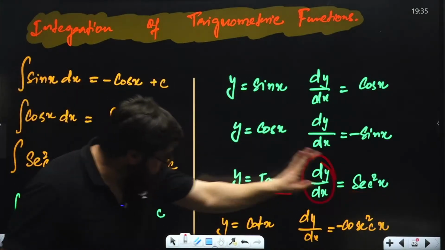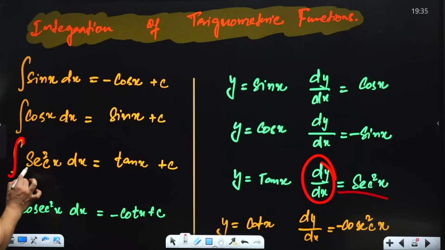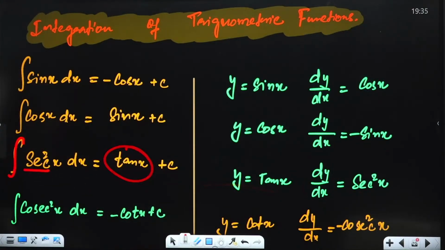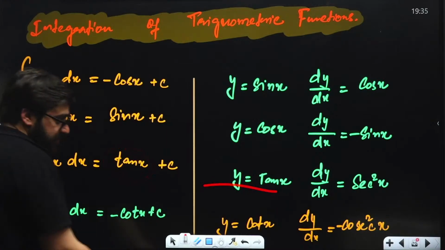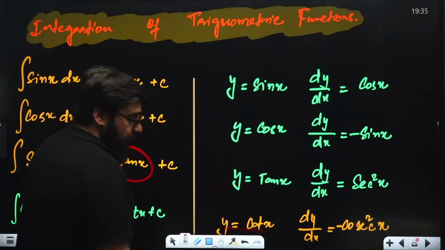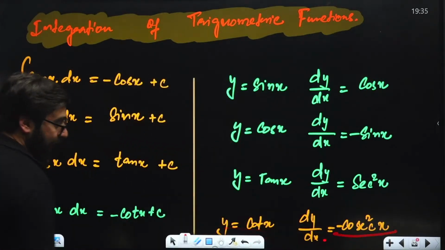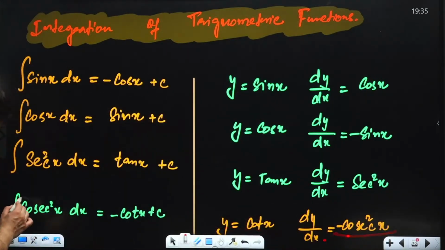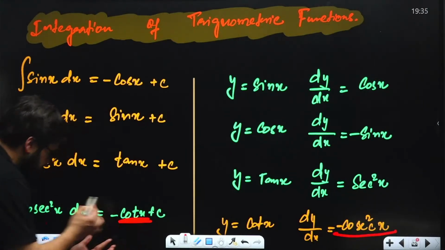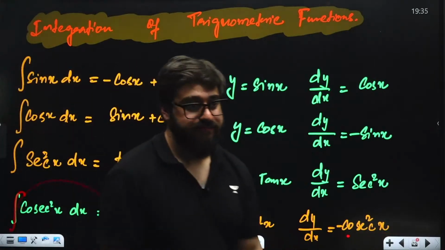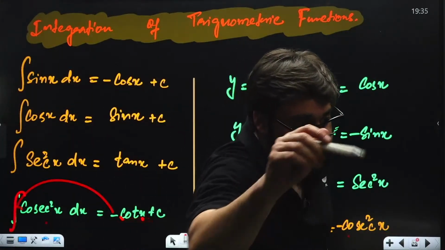Now do the integration of sec square x. Integration of sec square x will give you tan x back. Similarly, y is equal to cot x. We said differentiation of cot x is minus cosec square x. Now do the integration of minus cosec square x. It will give you cot x back, and take that minus, place it over here. So minus cot x. Guys, you are understanding this?